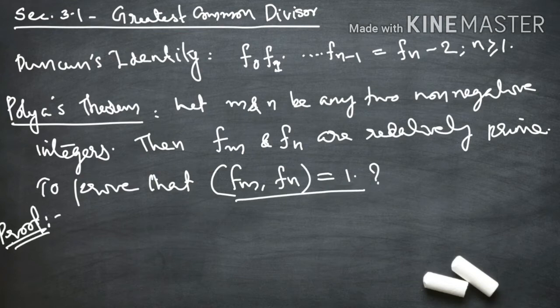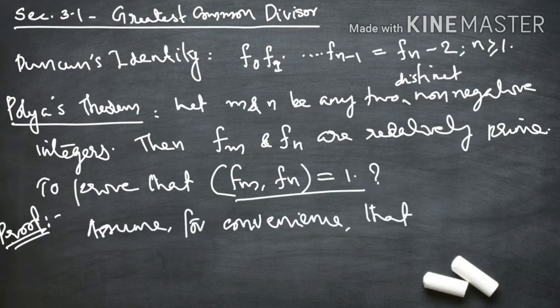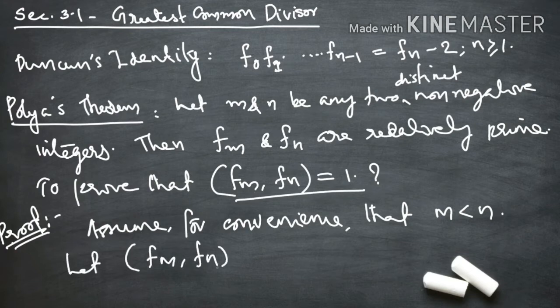And I already told that the proof is by using Duncan's identity. For convenience, it is given that m and n are distinct non-negative integers, so assume that m is strictly less than n. And let the GCD of fm, fn be equal to some d, and we must prove that d is equal to 1.